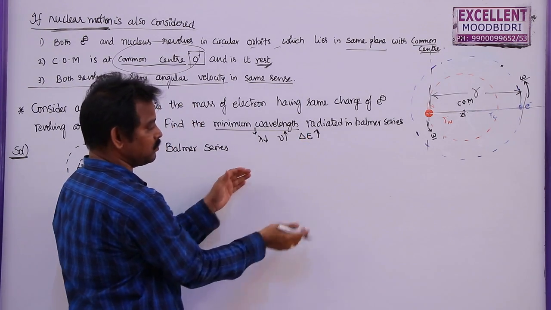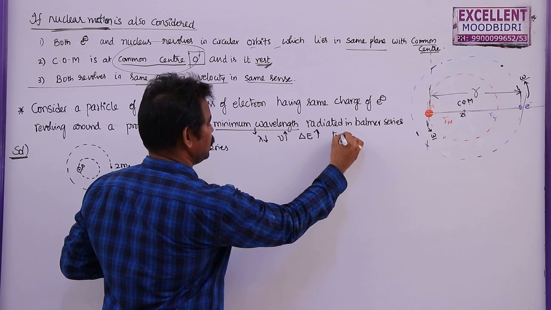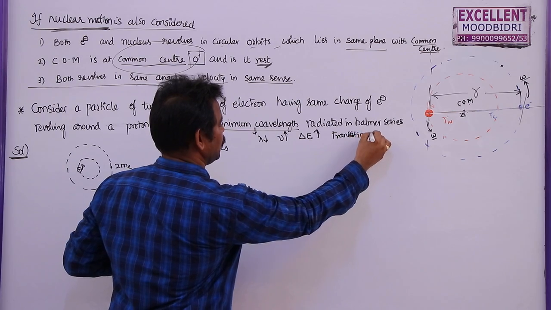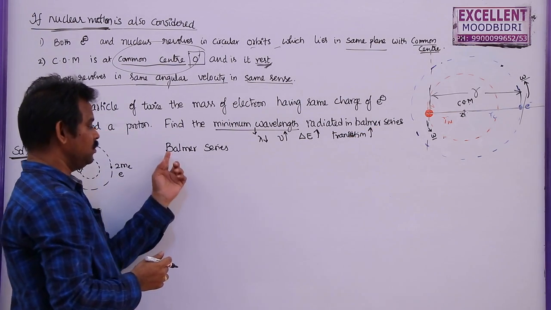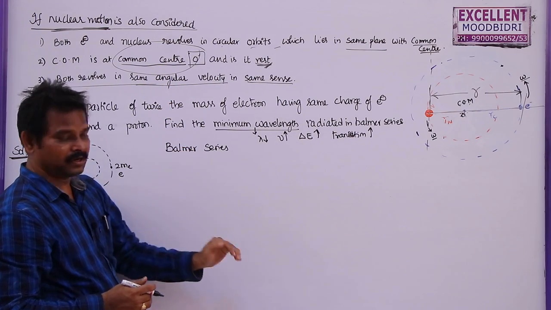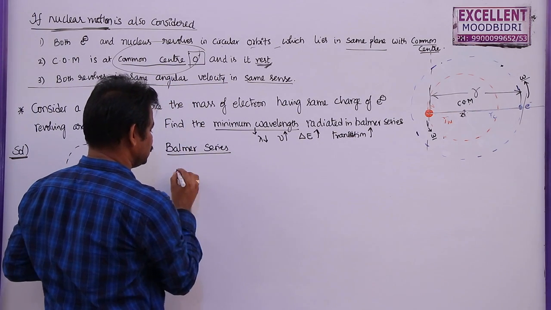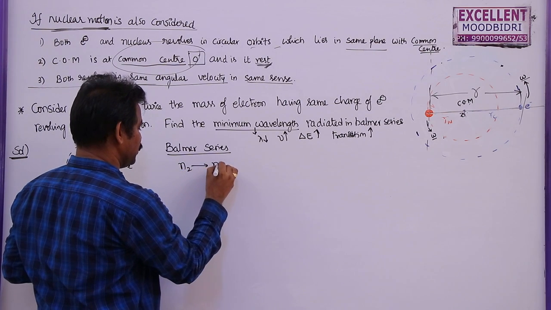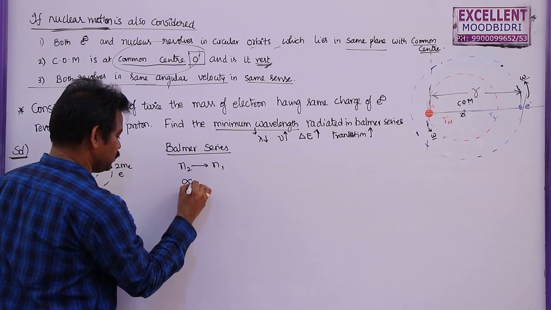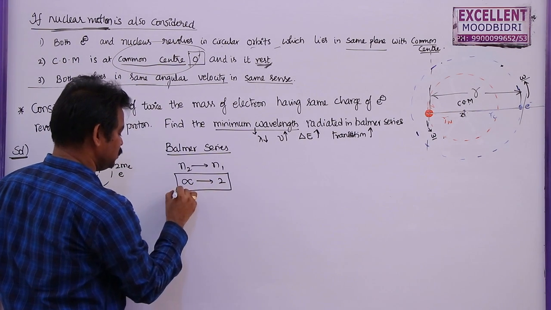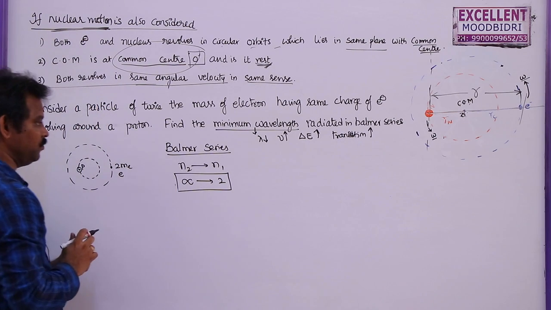Change in energy maximum means the transition is maximum, the highest transition. For the Balmer series, any electron in a higher orbit should jump to the second orbit. So for minimum wavelength, the transition should be from infinity to the second orbit. This is also called the series limit: minimum frequency, minimum wavelength.